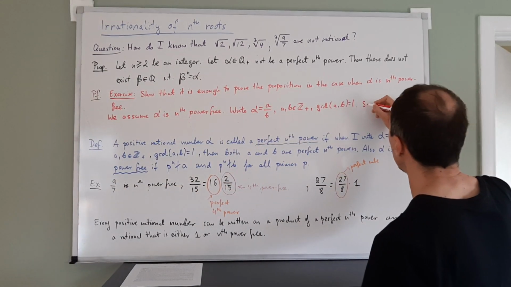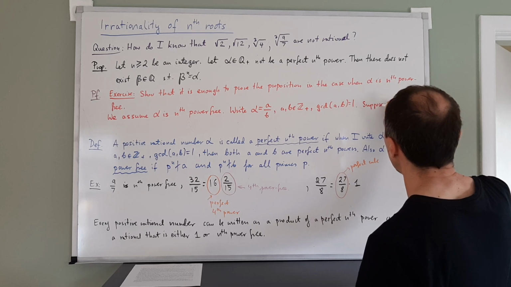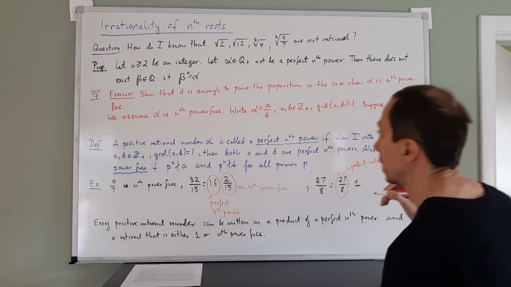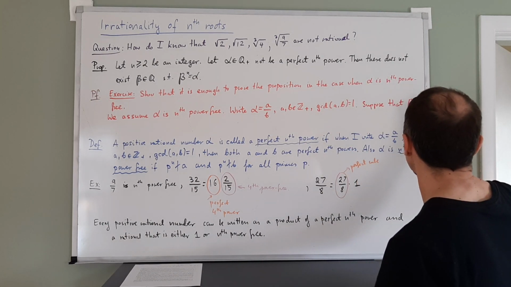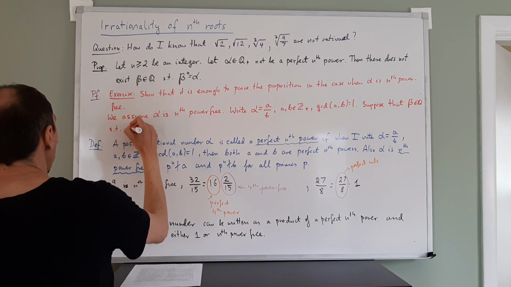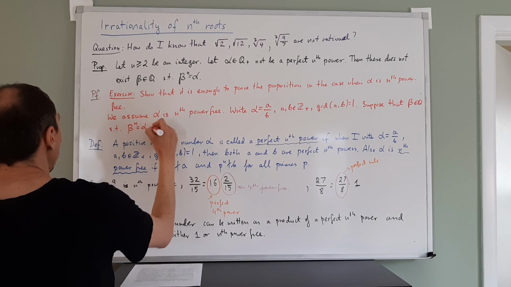And suppose, to get a contradiction, that beta in Q such that beta to the n is equal to alpha exists.